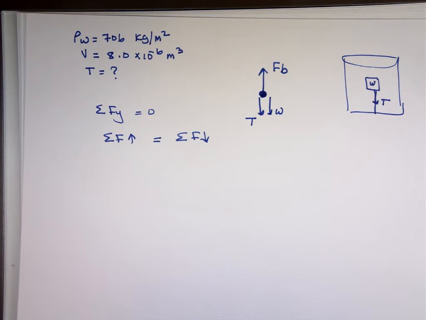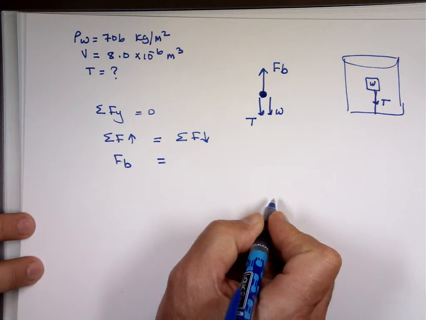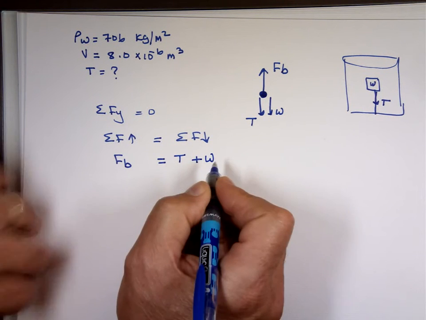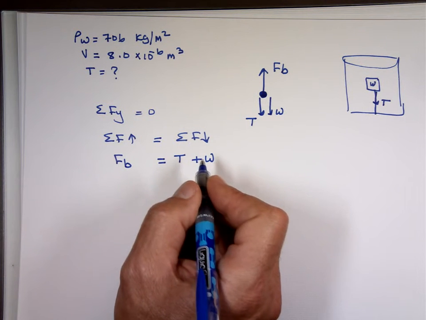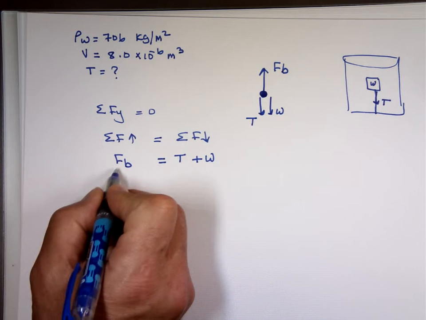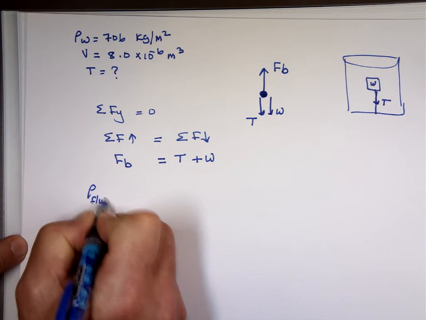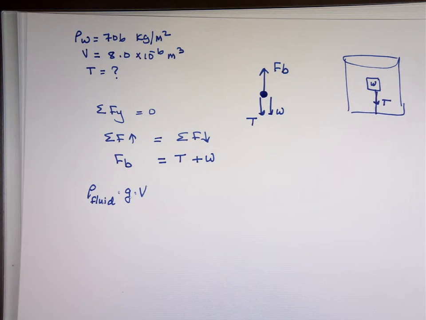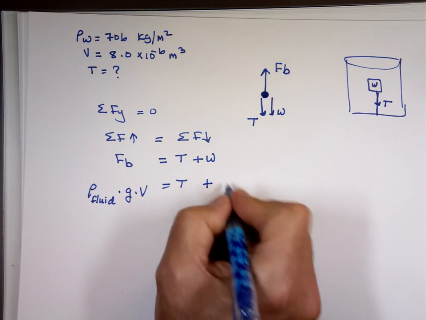What do we have pointing upward? F buoyancy. What do we have pointing down? The tension plus the weight of the wood. The buoyancy, remember, is rho for the fluid, whatever the fluid is, times gravity times the volume. That's the equation for it. The tension is tension. The weight of the wood is the mass of the wood times gravity.